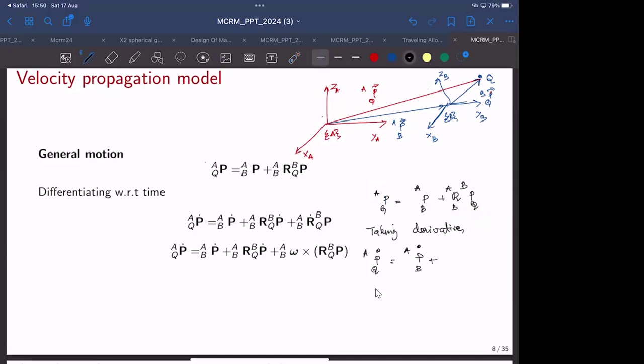The first term multiplied by the derivative of the second, plus the derivative of the first term multiplied by the second term. This equation.